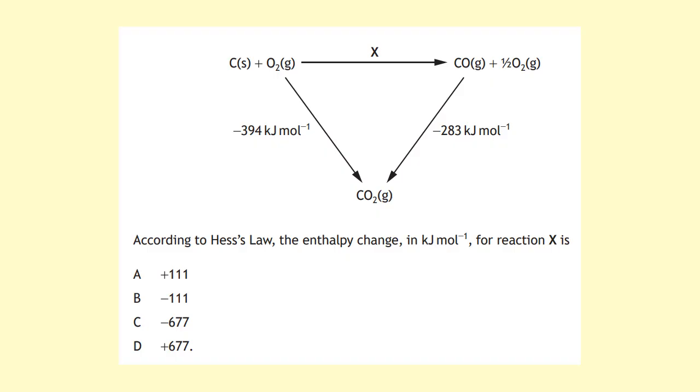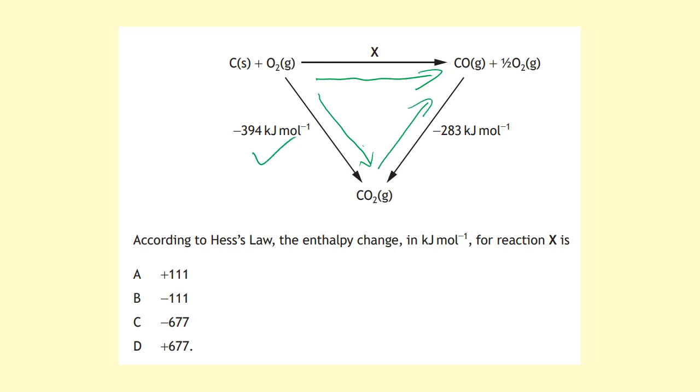We have a past paper question, and again, it's work out X. So give yourself a bit of time, pause the video if you need to. But X is going here. The alternative route would be going there and then going that way.